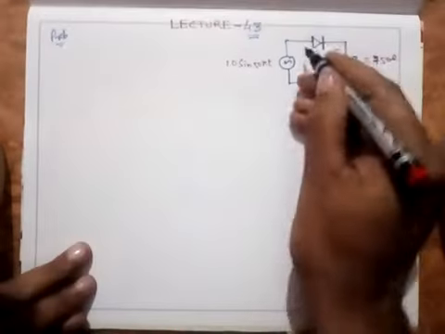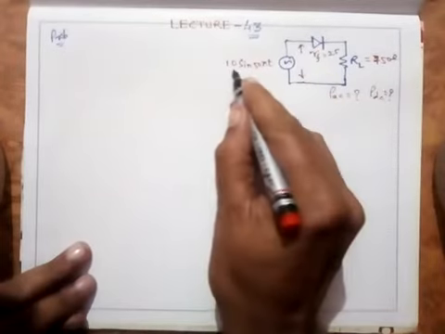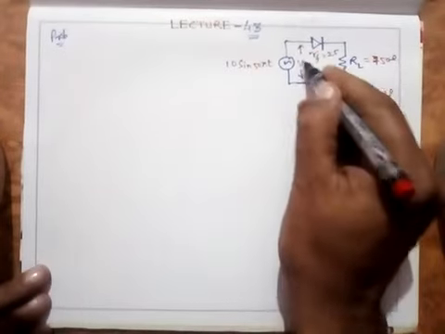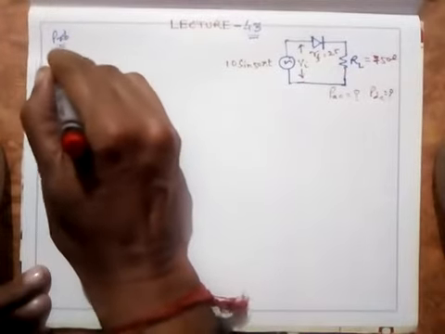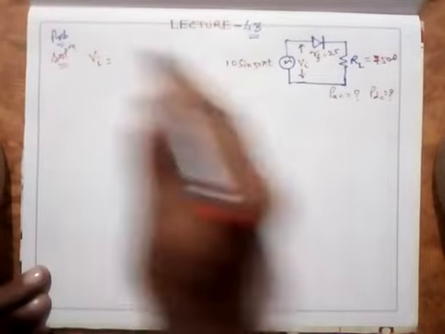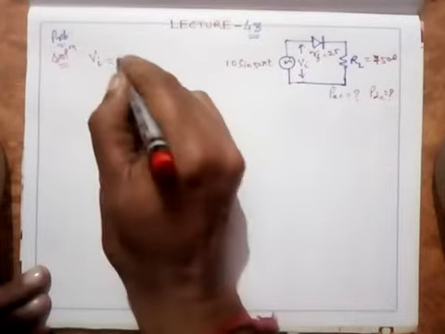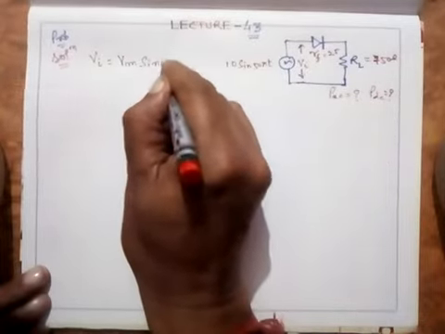Now the input to this, look at the solution. It's quite simple. This is the input voltage which is given to you between this point and this point. Suppose I say that this voltage is VI. Since VI, the input voltage, in general is a sinusoidal voltage, it is equal to Vm sine omega t.